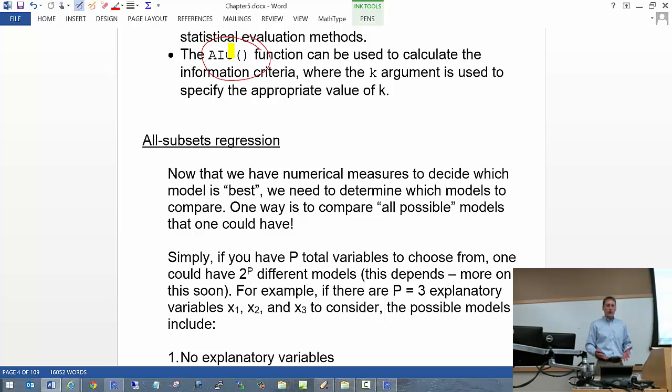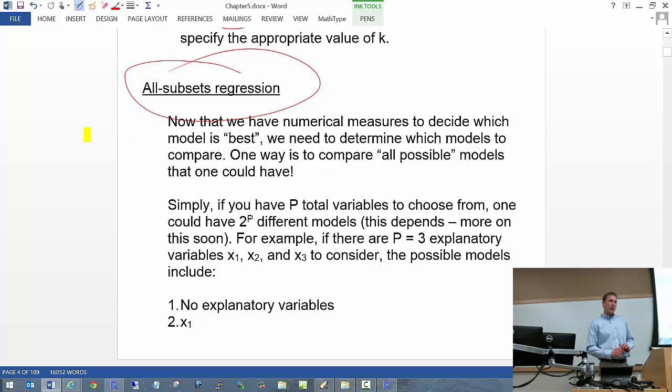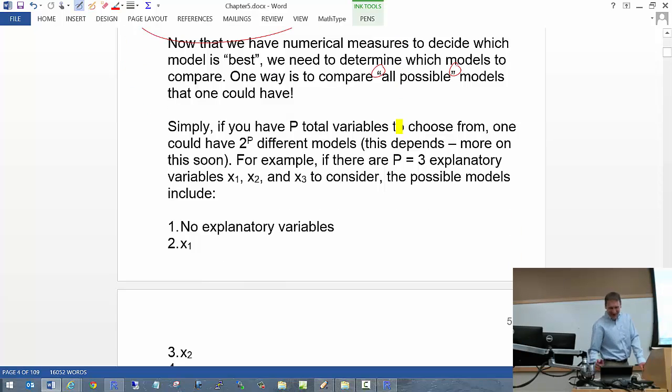One approach is what's called all subsets regression, where you are, and notice I have this in quotations, looking at all possible models that one could have. But notice that's in quotations. Let's say I have capital P total variables.